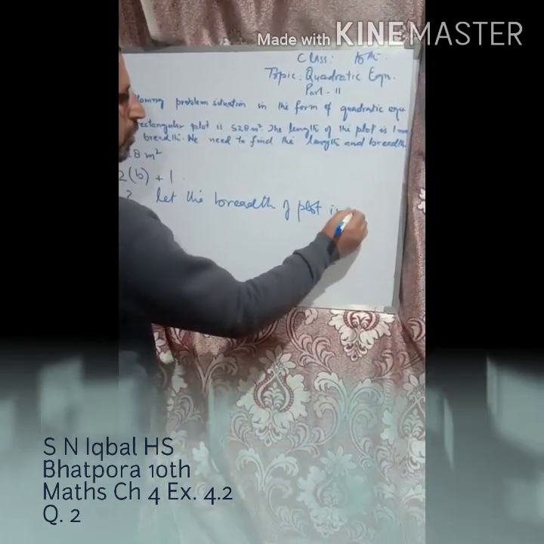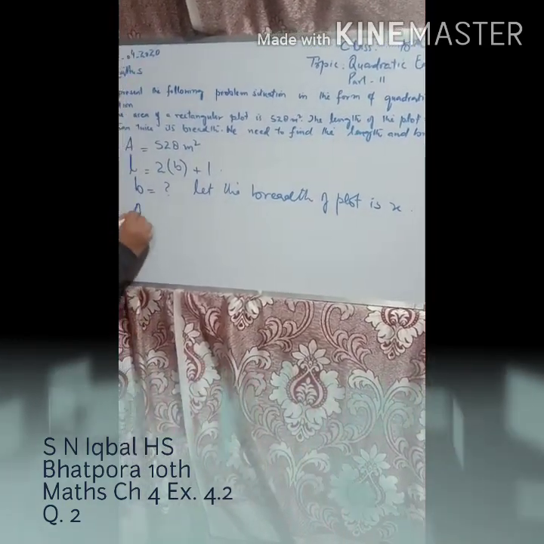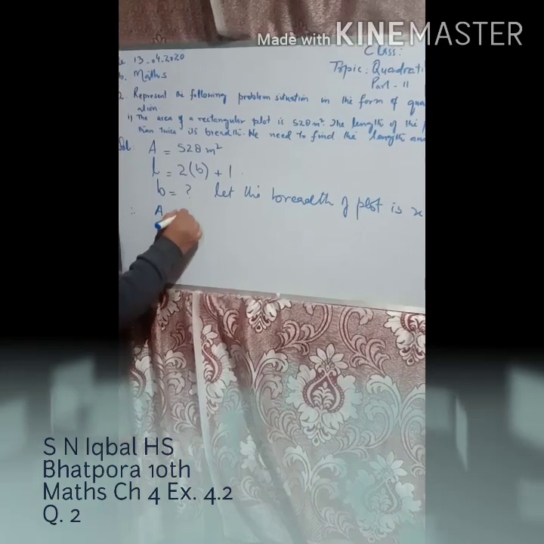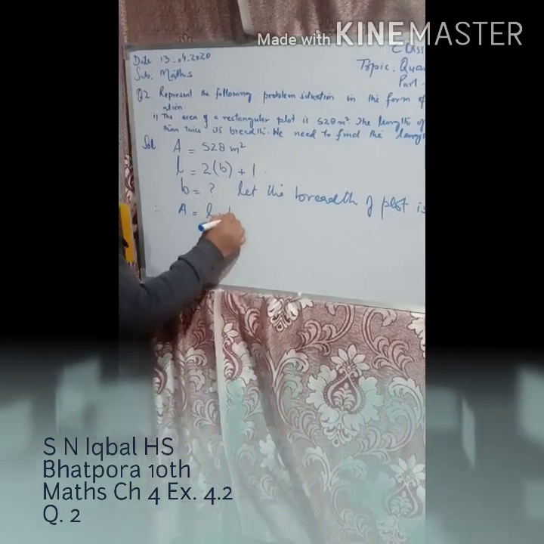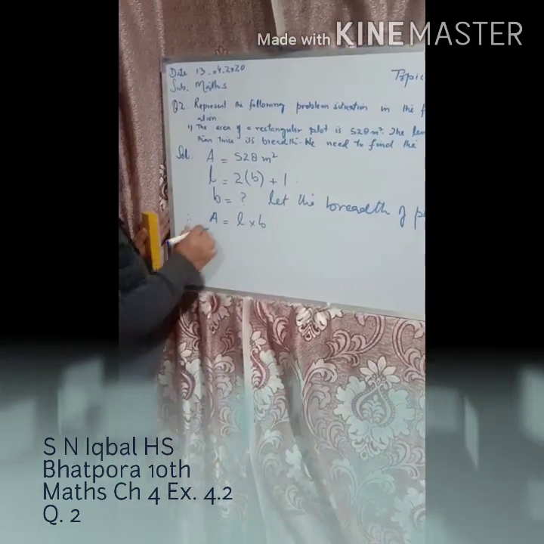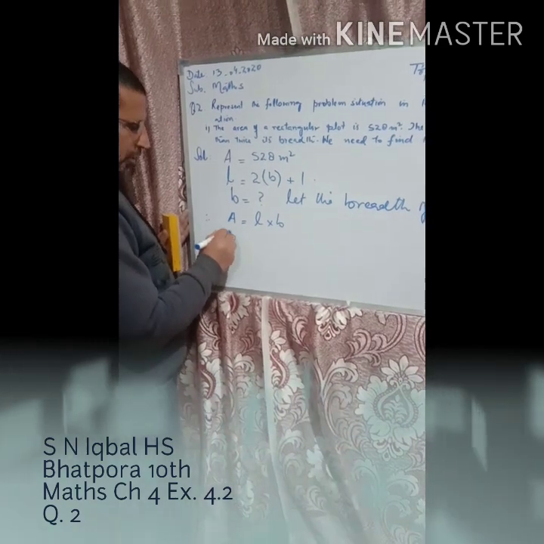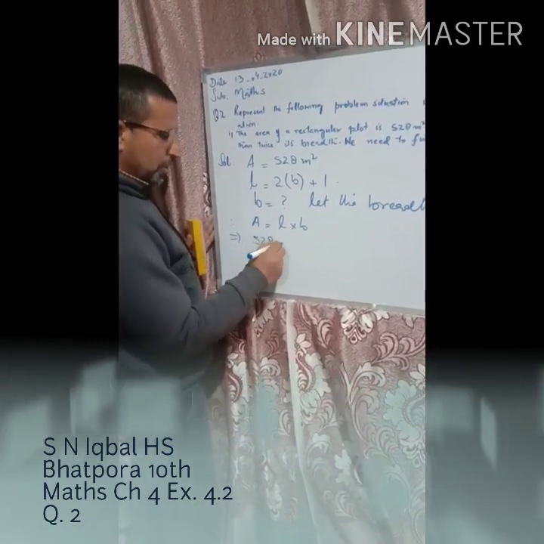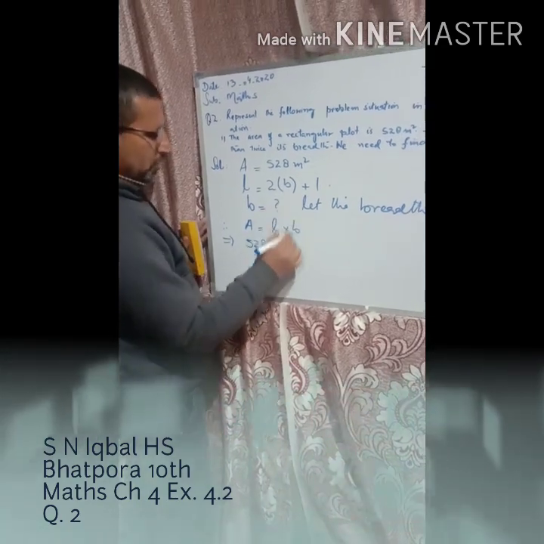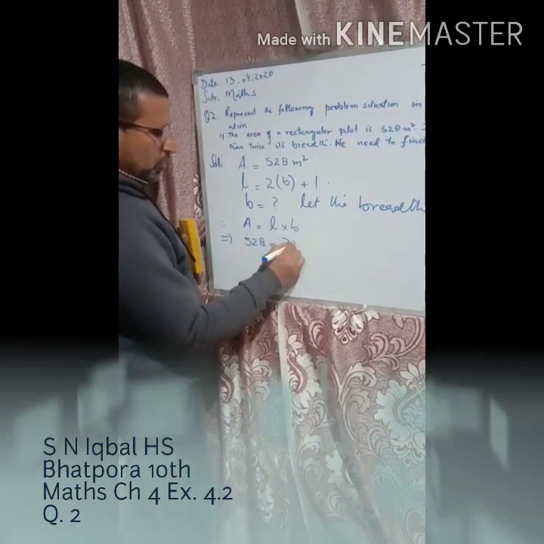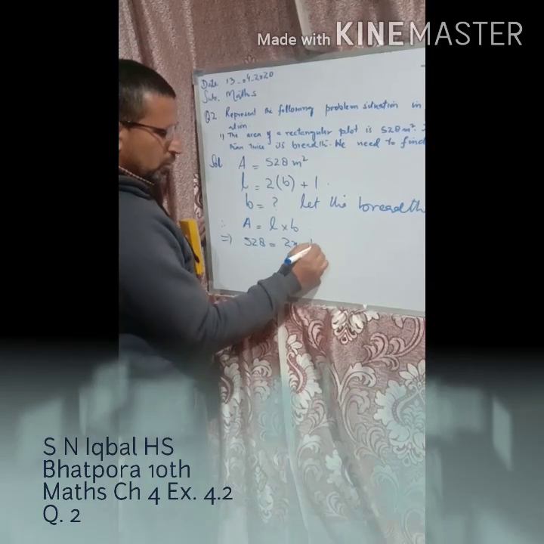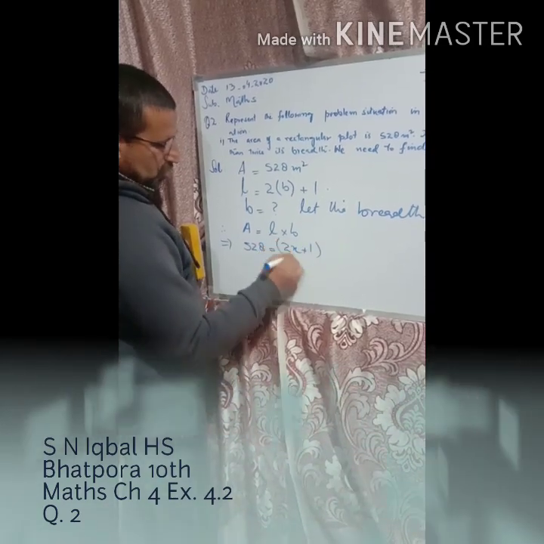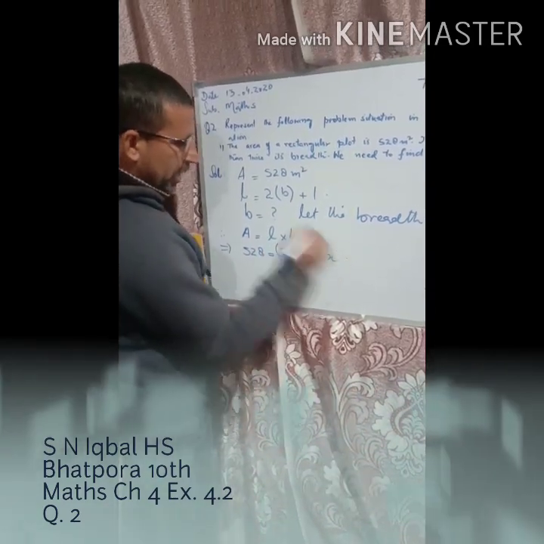Therefore area would be equal to length into breadth, which implies that area is 528 and length would become 2 times x plus 1, into breadth, which is x.